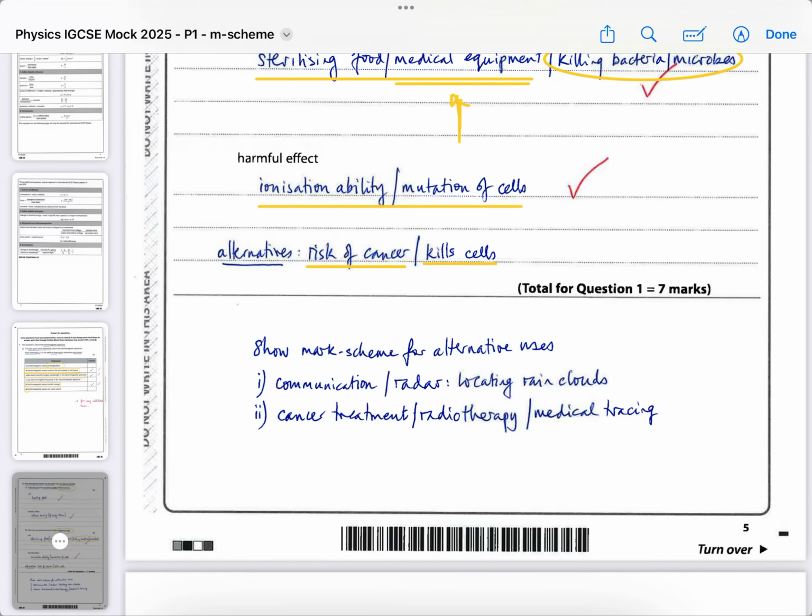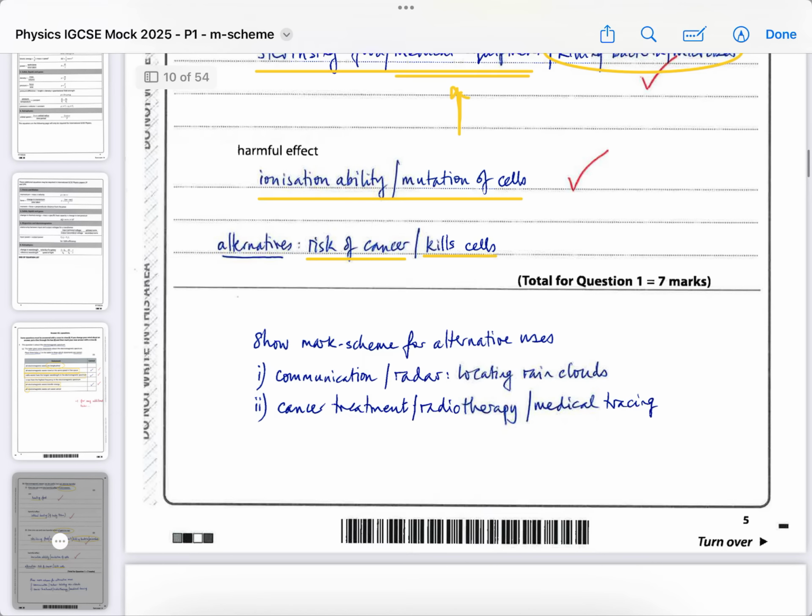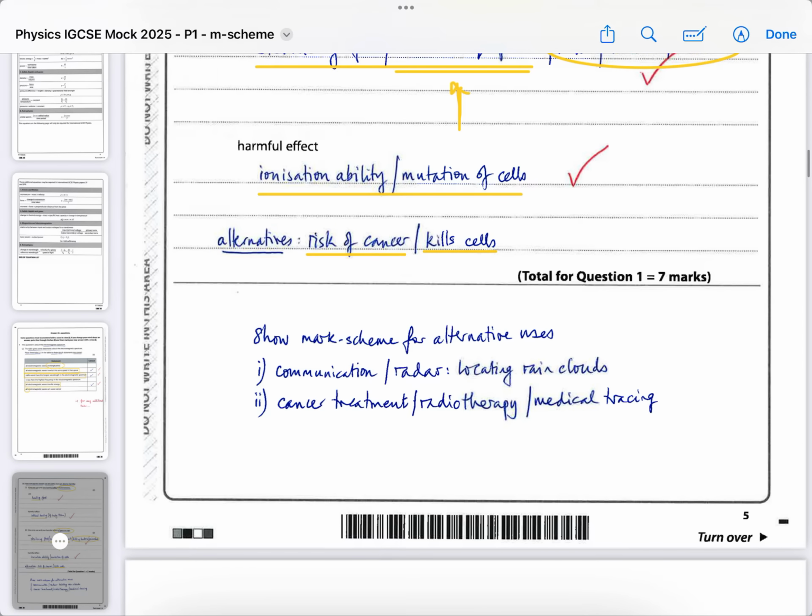microwaves would be communication or radar. And one example of using radar is locating rain clouds, and for alternatives for gamma rays, cancer treatment, so you can have a positive treatment in terms of trying to kill the cancer cells, but that's called radiotherapy, and medical tracing can also be a medical use.